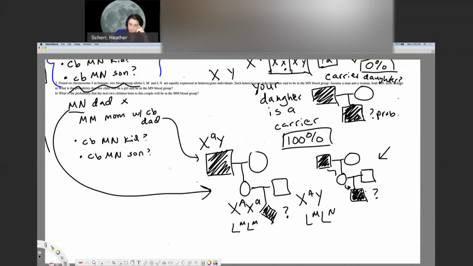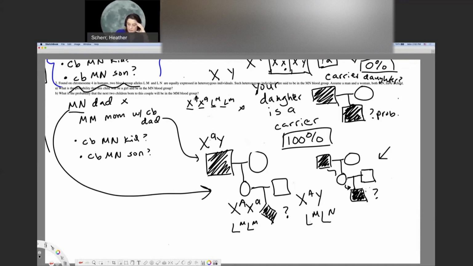Okay, so now the probability that she has a colorblind kid, and like I said, you can also just write this out next to it, and so forth, and do your cross like that. So what's the probability of this cross?